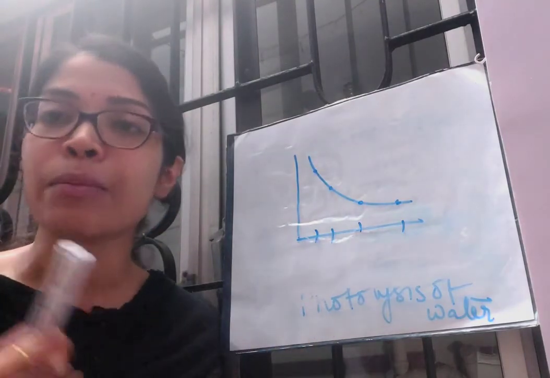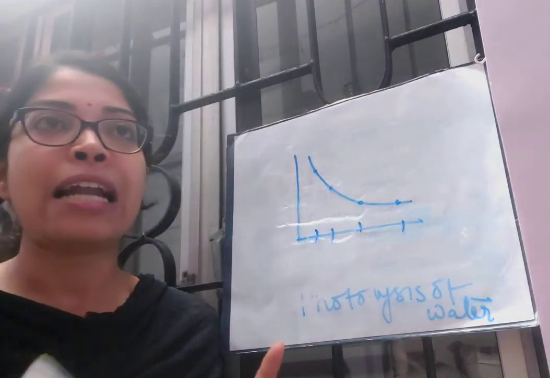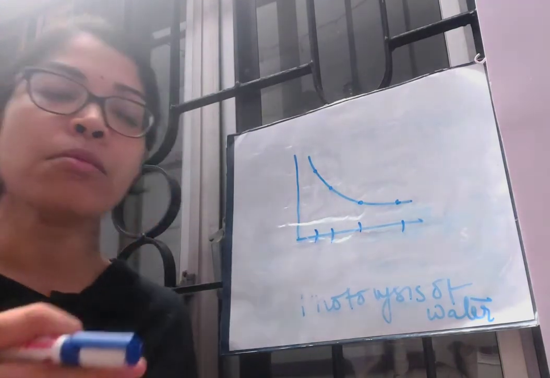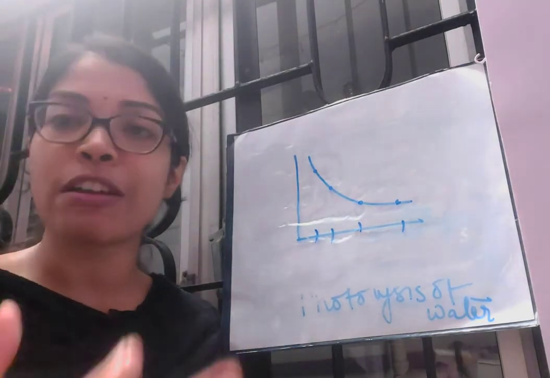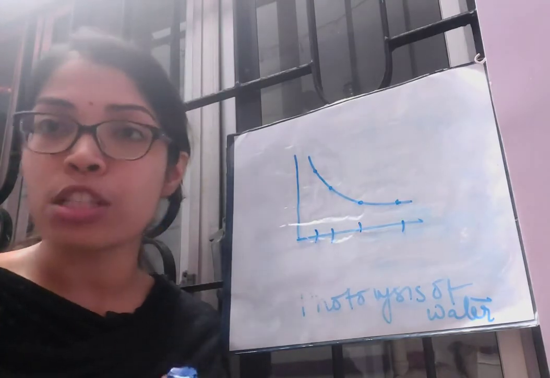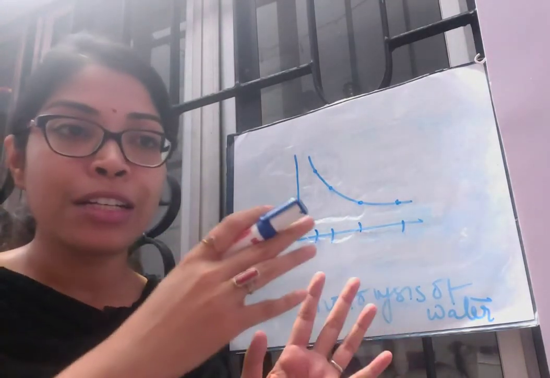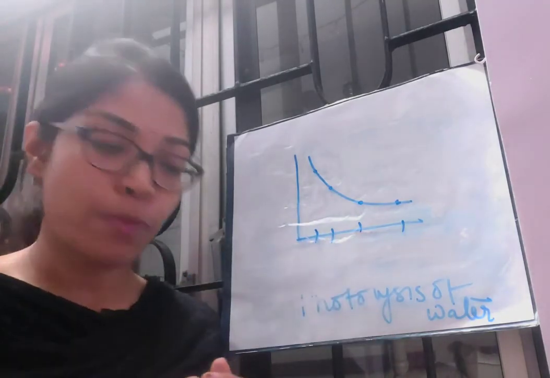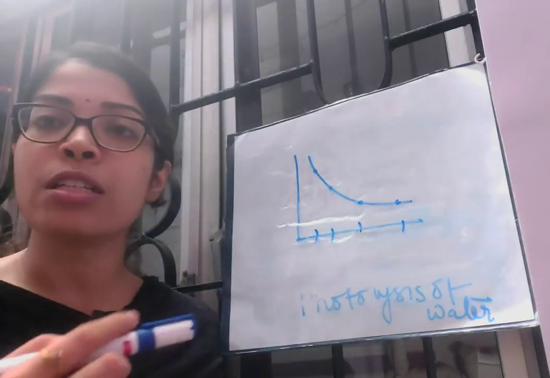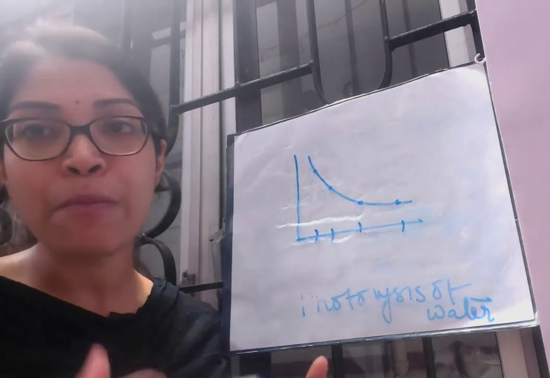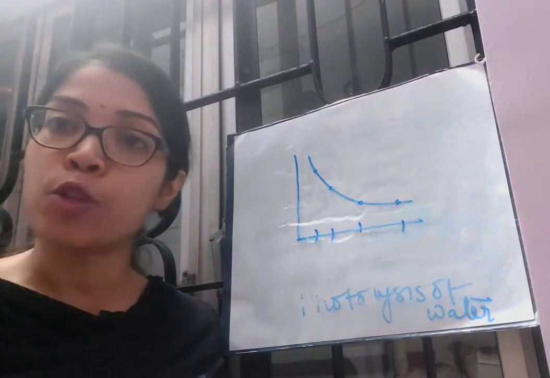Remember, action means something is happening, and photosynthesis is a process. So plotting the rate of photosynthesis at different wavelengths of light is known as the action spectrum. Something is happening: to plot the rate of photosynthesis, that is action spectrum. But to plot the rate of absorption of light by different pigments is known as absorption spectrum.